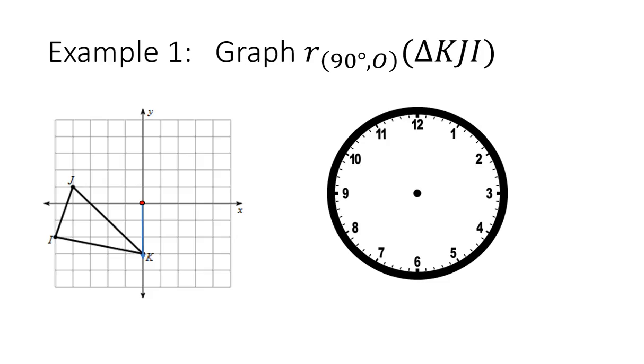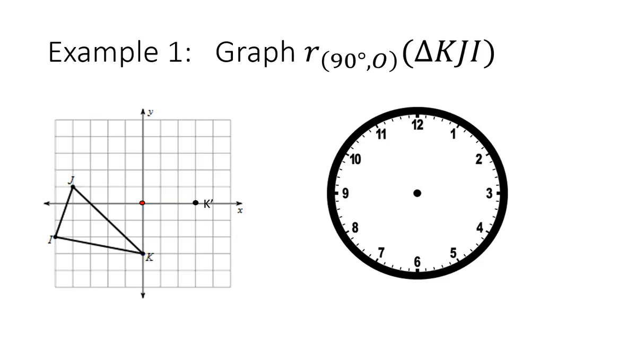And so when I move 90 degrees counterclockwise, I am going to be moving to the 3 o'clock. And I still have to move 3 units as well because the distance will not change from the point of rotation. So my new K prime is going to be located right there.